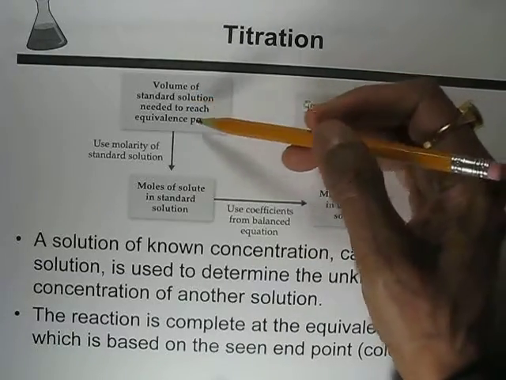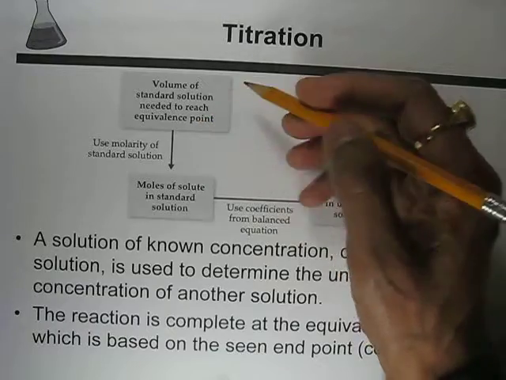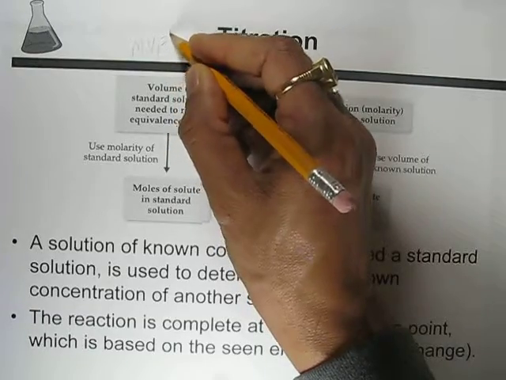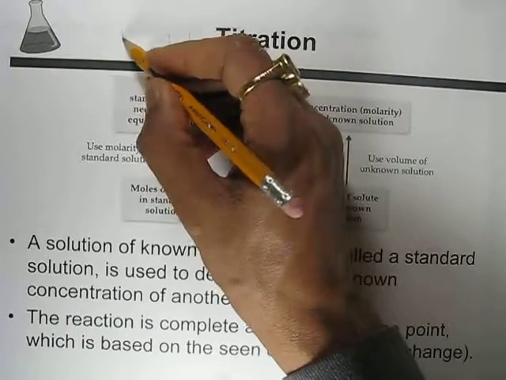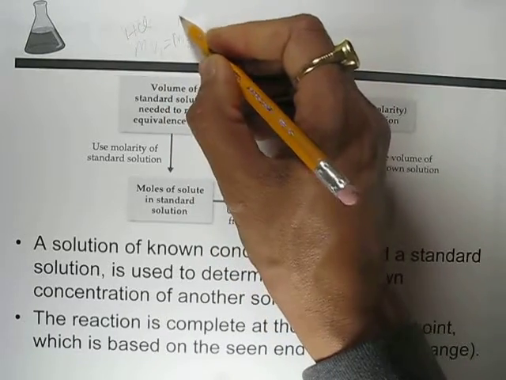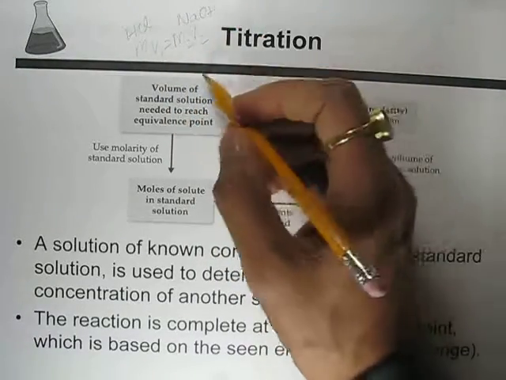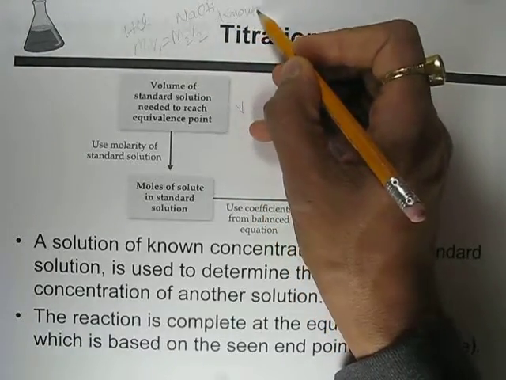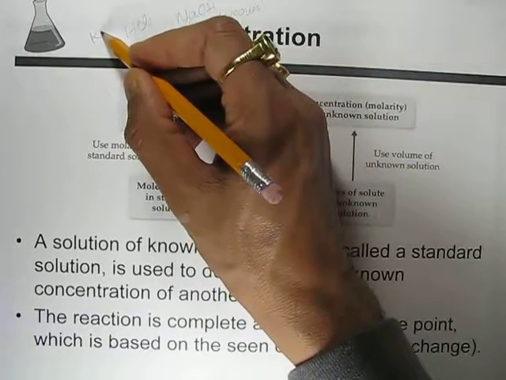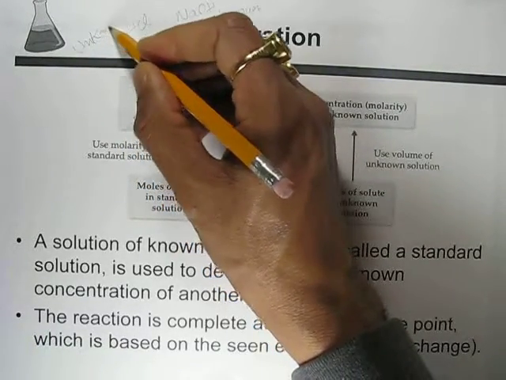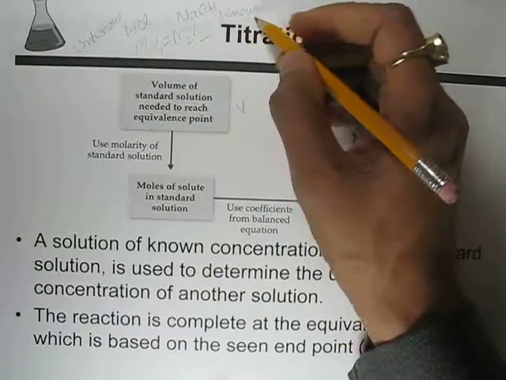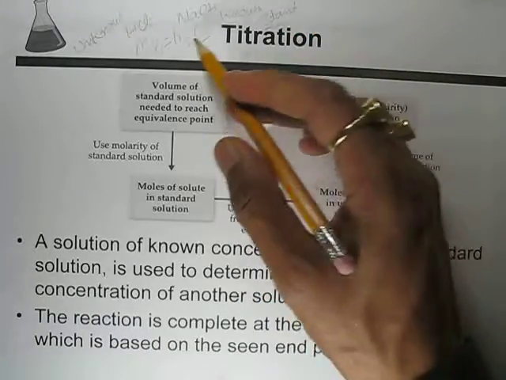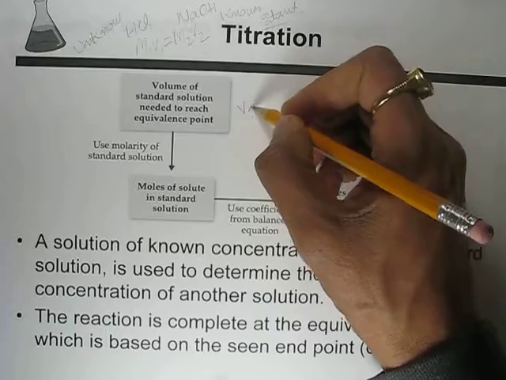The volume of a standard solution needed to reach the equivalent point: if we are talking about M1 V1 is equal to M2 V2, if this is HCl and this is NaOH, which we know, so this is the known solution and this is the unknown solution. You can also call the known one a standard solution.